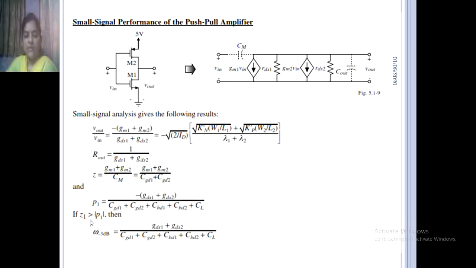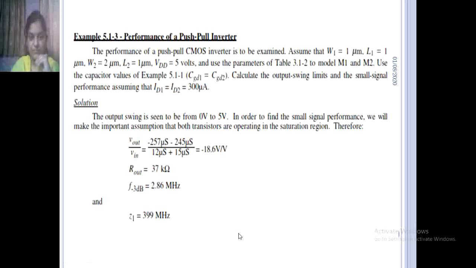So Z1 is greater than P1, so that omega is (gds1 plus gds2) divided by all the values of the capacitors.